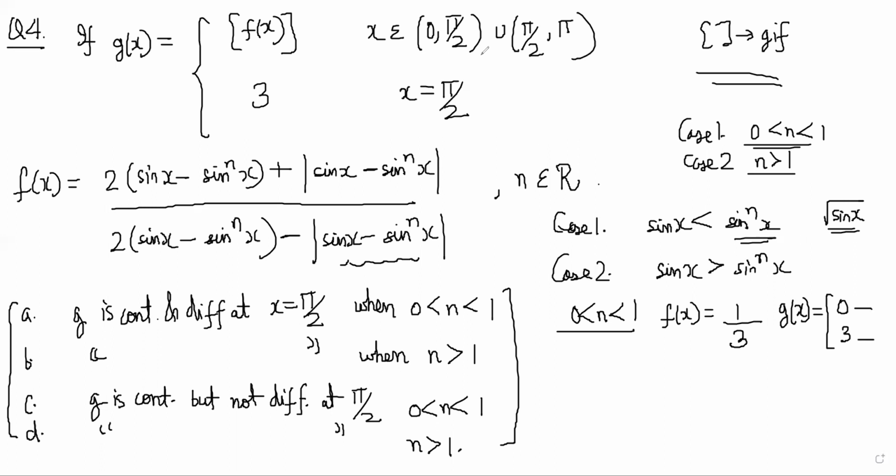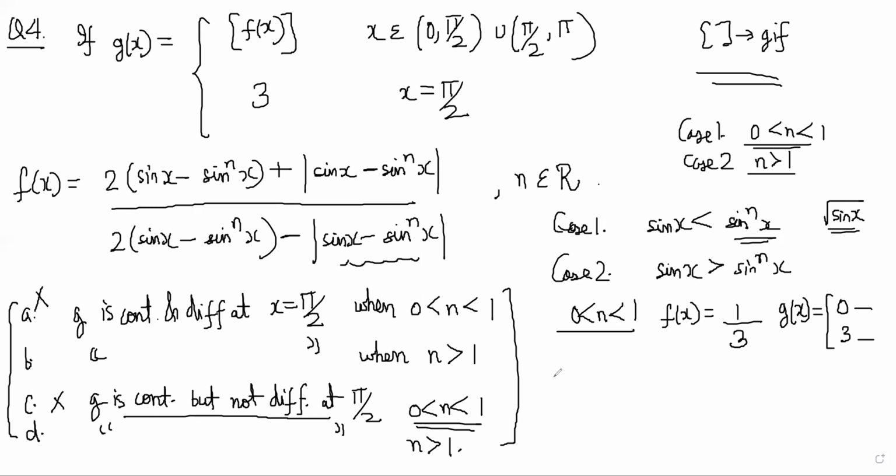So it is not continuous at pi/2. So A option is wrong. And C option is also wrong, when 0 < n < 1, it's not continuous. A and C are wrong.